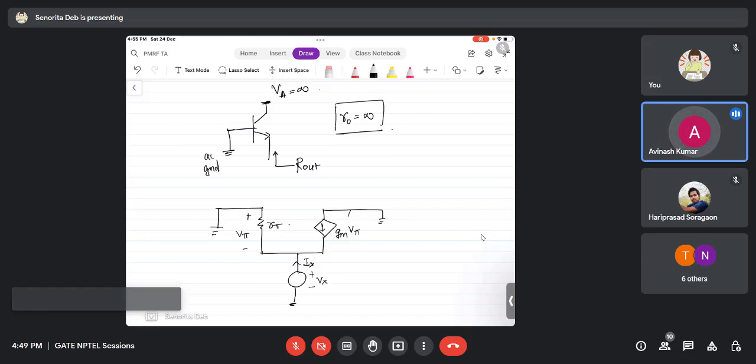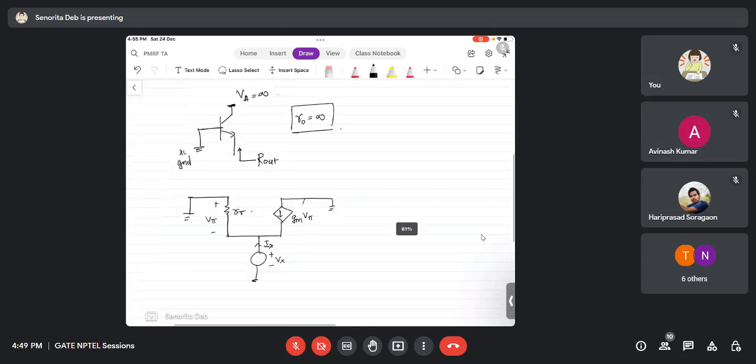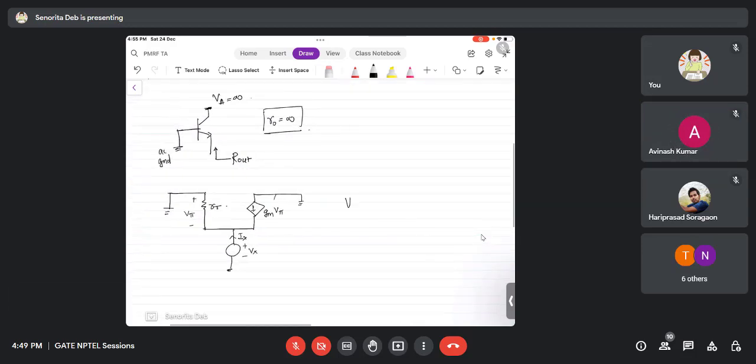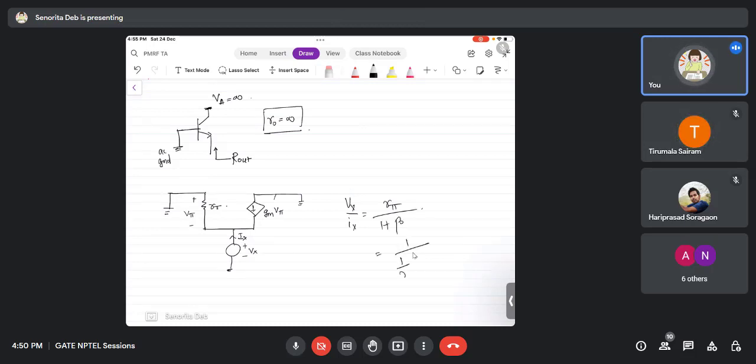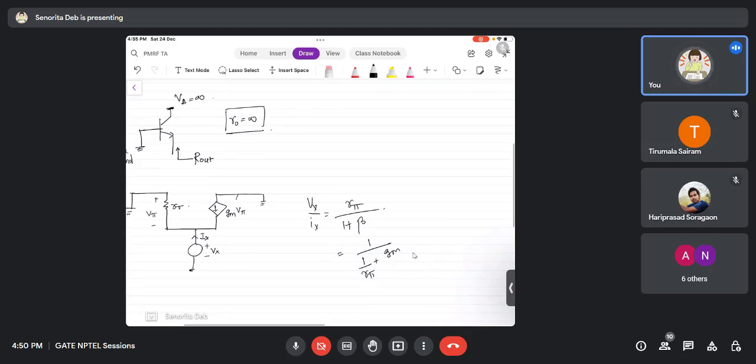R pi upon 1 plus beta. Let us see, Vx upon Ix is R pi upon 1 plus beta, which is nothing but 1 upon 1 by R pi plus Gm by R pi. That is what you are saying, right?